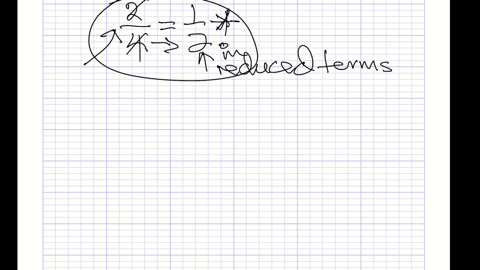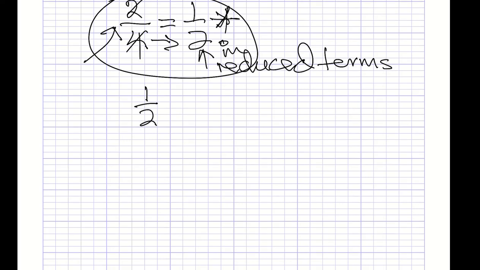What does that mean? Let's use 1/2. You can write that as 1 times 1 over 1 times 2. Look at that.